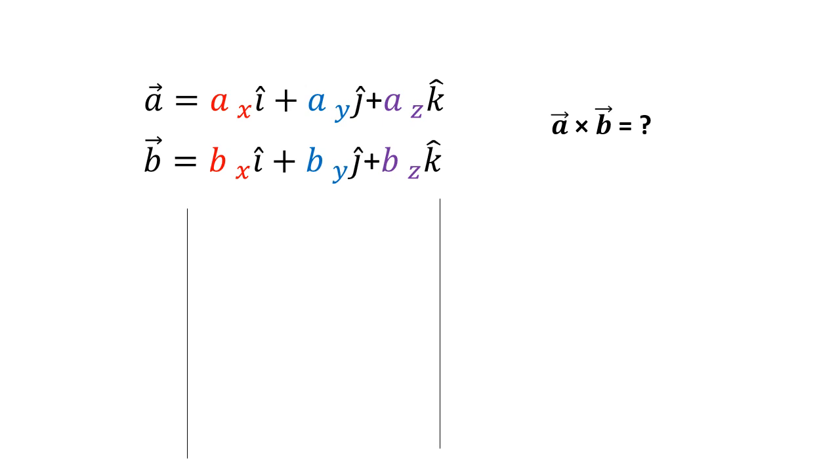If you know about determinants, that comes in handy here to find the result. First you write down i, j and k. The next row you put ax, ay and az. The third row will be bx, by and bz. Now, how do we calculate the determinant?